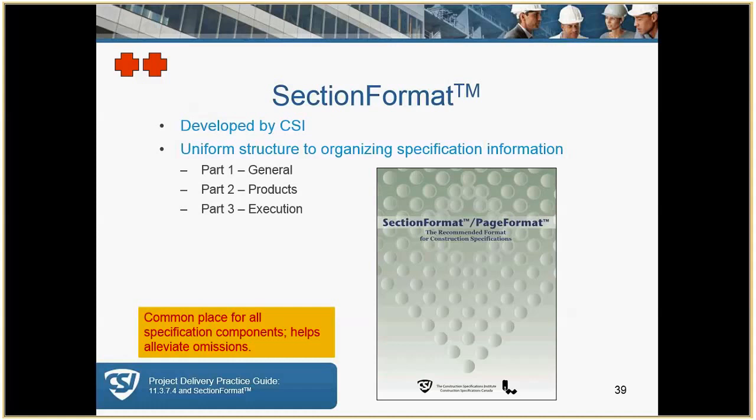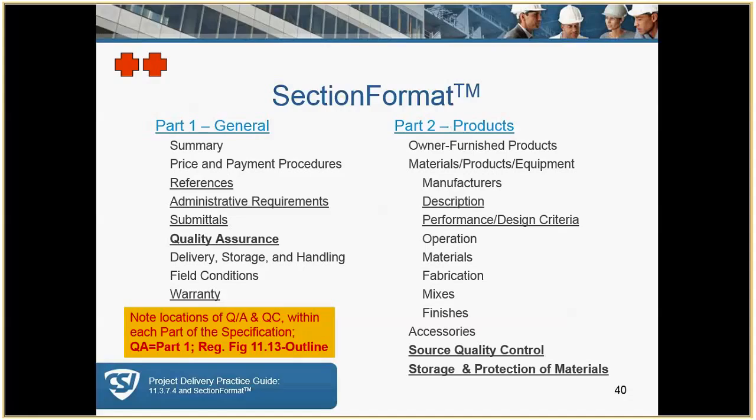Sometimes the manufacturer's spec. Briefly, it's a 3-part format. Part 1, general, part 2, products, part 3, execution. There will be no parts 4, 5, and 6. Sometimes you will see, especially with manufacturer specifications, some offices will add extra parts. We don't do that. 3 parts.